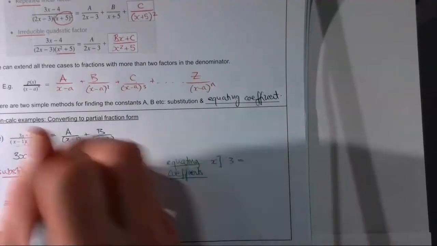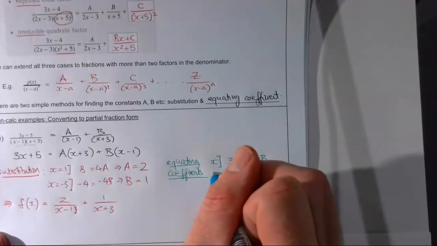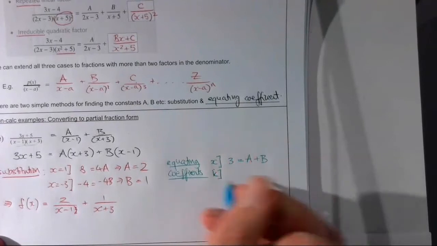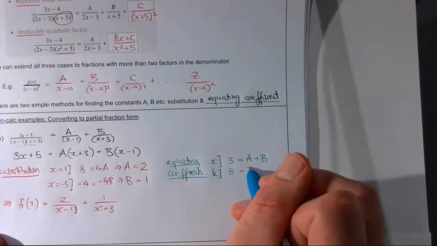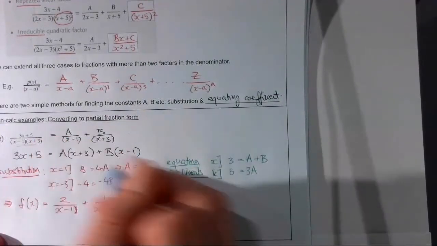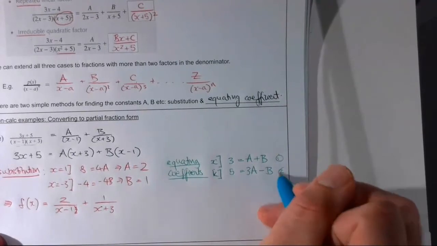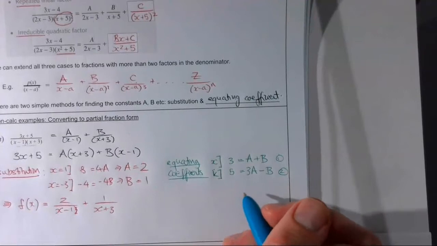I've got 3, and on the right hand side I've got A plus B. Then I look at the constant. The left hand side I've got 5, and on the right hand side I've got 3A, to expand this bracket, and minus B. This method involves solving these as simultaneous equations.